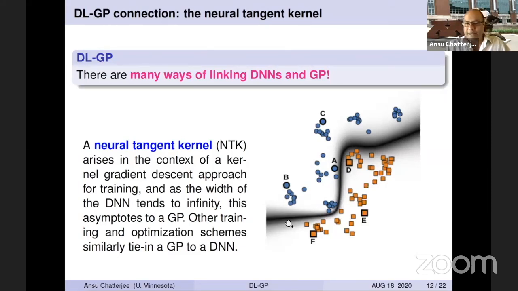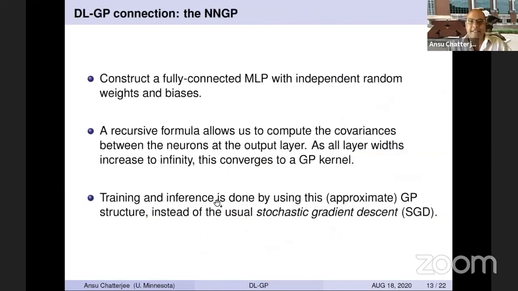What a Gaussian process does is give you an equation for this line. Now just think back at what Laura was saying. This is about discovering equations. What this neural tangent kernel-based Gaussian process is also able to do is say that there's a lot of uncertainty about A or D, which are close to the boundary. Our confidence in saying B is blue or E is red is much higher. So far less uncertainty. That's how one of these things goes.